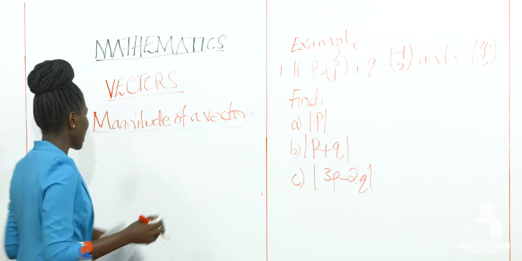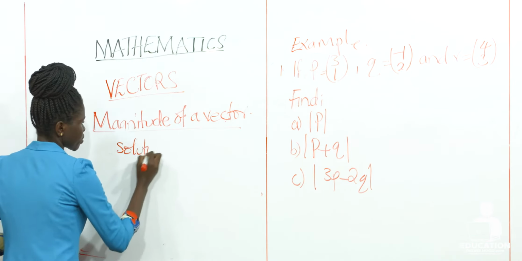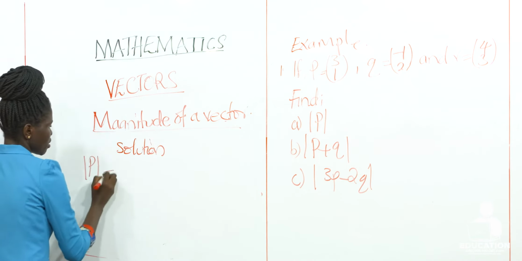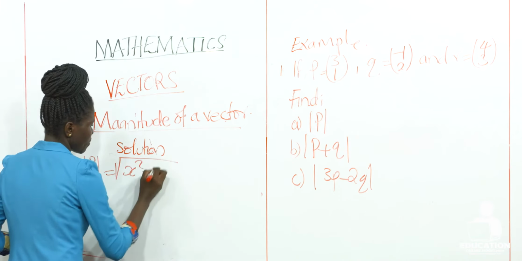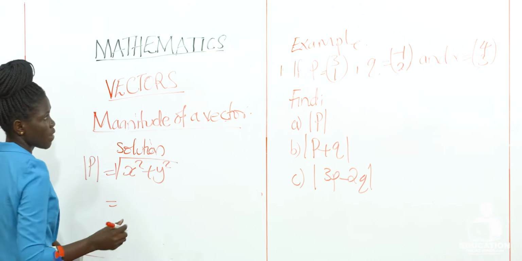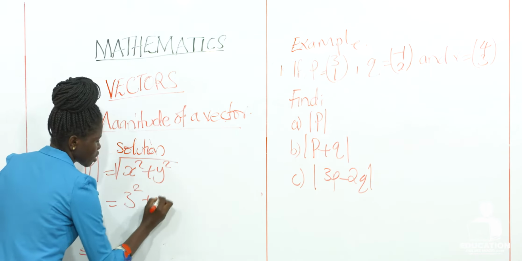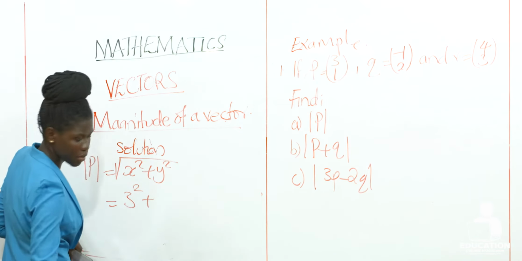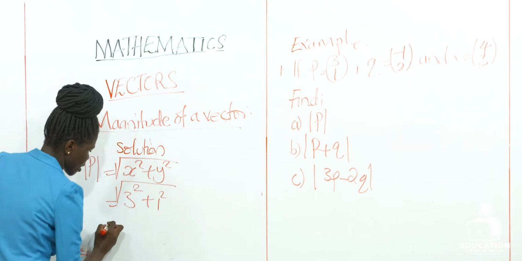After knowing that, we can now find, for example, the first one, which is the length of P. This is simply finding the root of x squared plus y squared. Our value of x in this case is 3, so 3 squared plus y squared, and our value of y is 1. But all of it must be under a root.